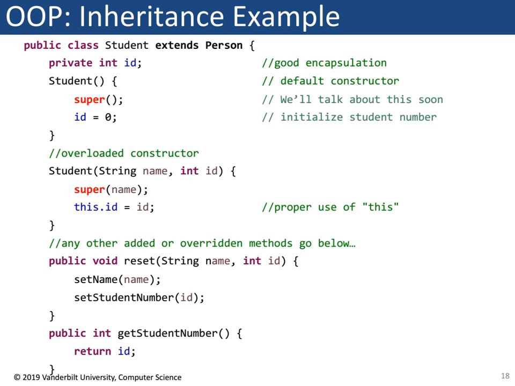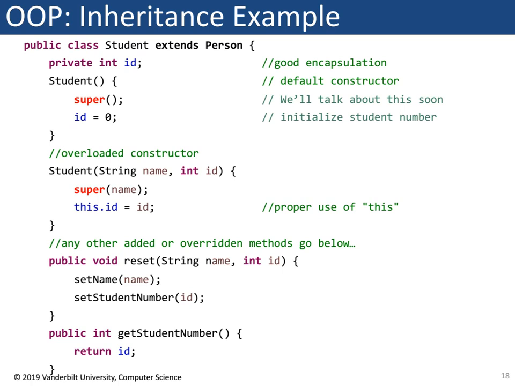So we're encapsulating the ID, and if we're encapsulating it, we're going to have a getStudentID number and potentially a setStudentID number, depending on how we implement it. We have to declare any instance variables that we want to add. Not all persons have an ID, but all students have an ID, so we had to declare the student ID as a part of the Student class.